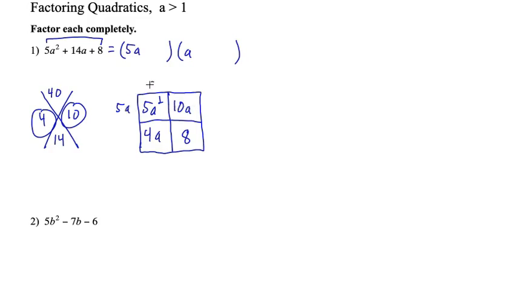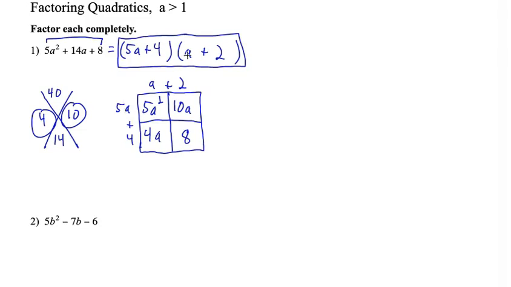So 5a times a equals 5a squared. 5a times 2 equals 10a. a times 4 equals 4a. And just double check, 4 times 2 equals 8. Now we have our factors: 5a plus 4 times a plus 2. If we multiply these two binomials, we end up getting the original polynomial that we started with.